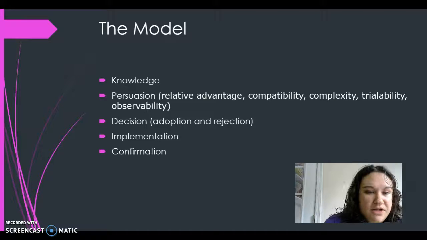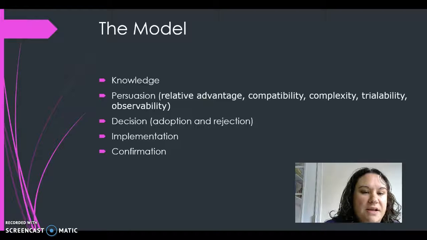So knowledge is obviously the parties and stakeholders all knowing about whatever the thing is that's going to be implemented, educating those that need to be educated about whatever it is, making sure administrators and teachers, for instance, know what's going on and what they need to do.